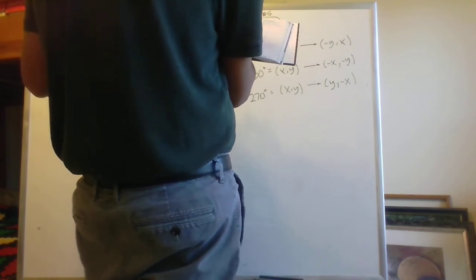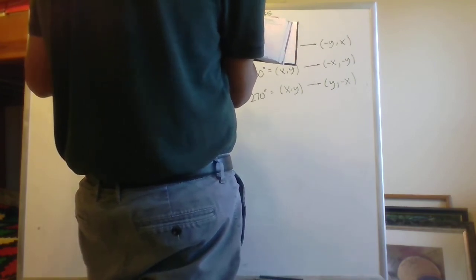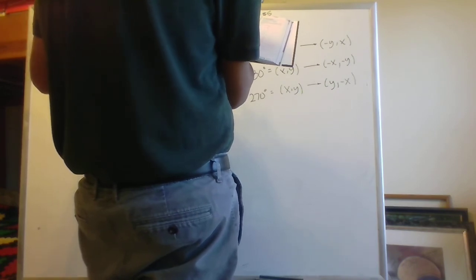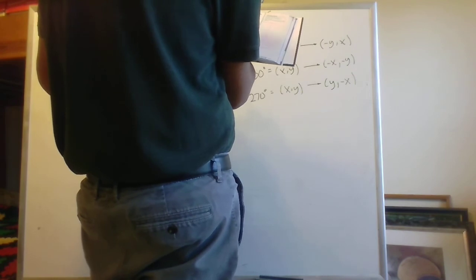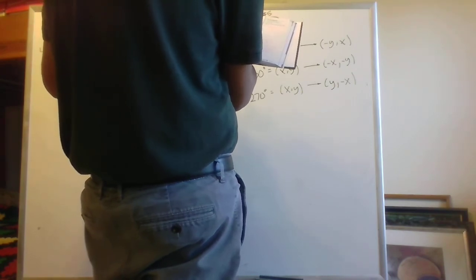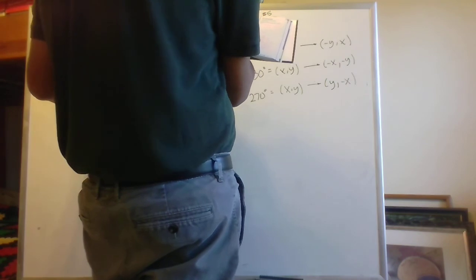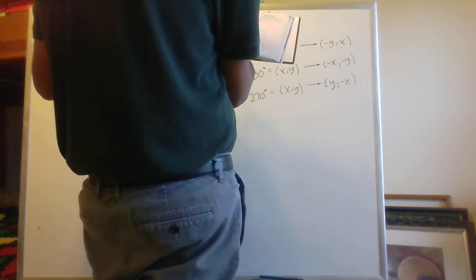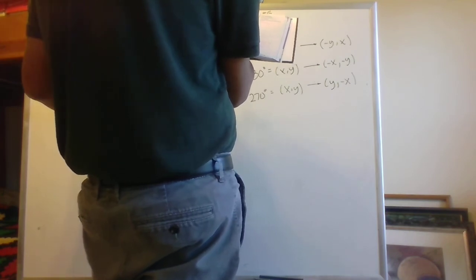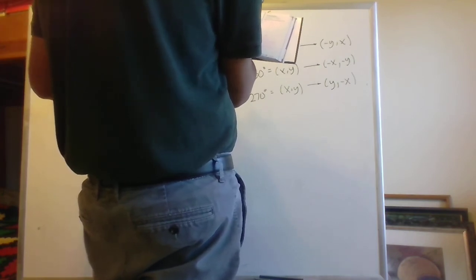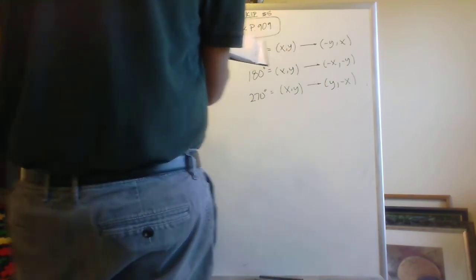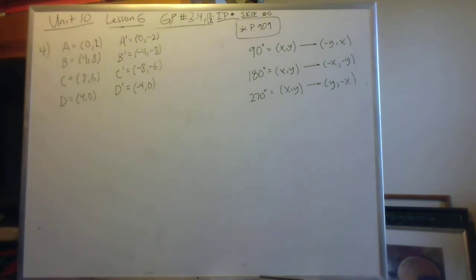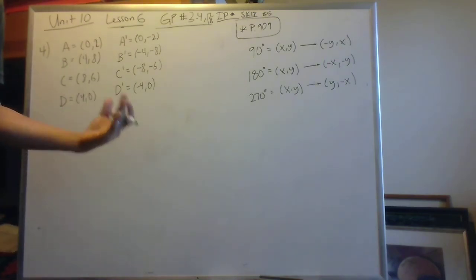And B prime is at -4, -8. C prime is at -8, -6. And D prime is at -4, 0. Okay, so when we look at this, I don't want to graph it because the graph is already there.